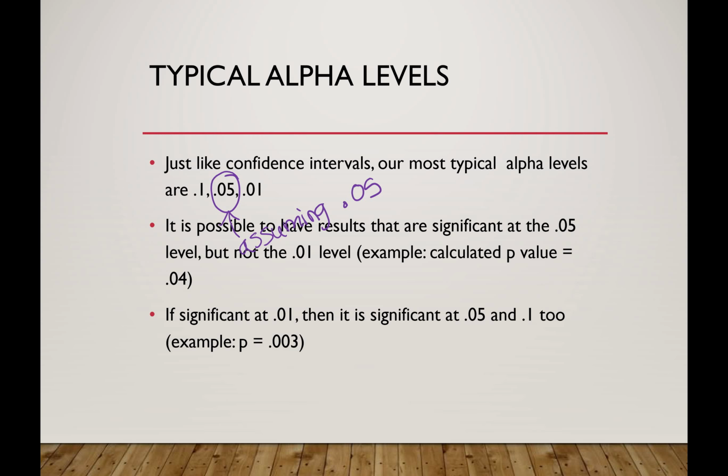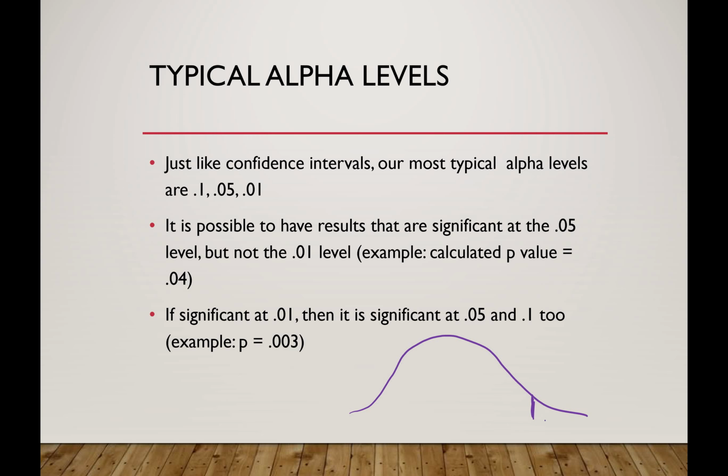And then one little note just on significance. It is possible to be significant at one value of alpha, but not at another. And just by looking at the normal curve, you can kind of see that.